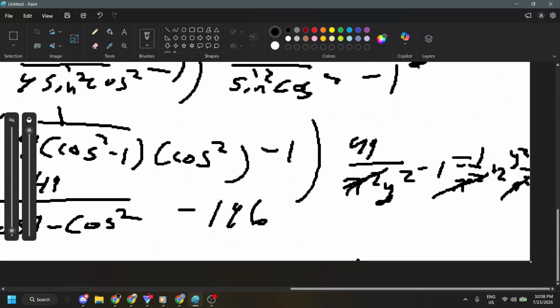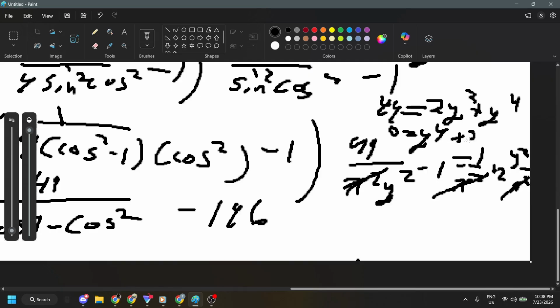We get 49 minus y squared, or no, I could just add 1 to both sides. 49 is equal to 2y squared plus y to the 4. So 0 is equal to y to the 4 plus 2y squared minus 49.